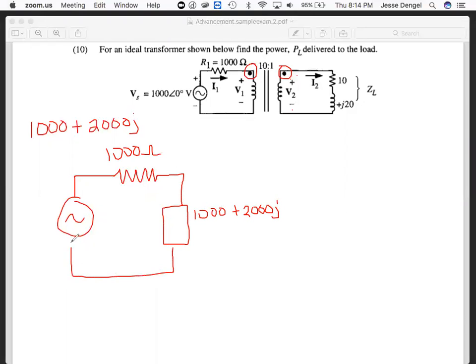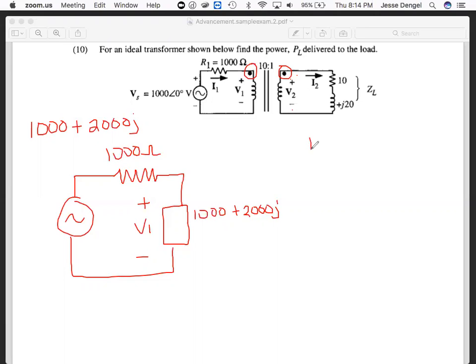So what we want to do is find V1. And you can do this a number of ways. I chose to take the current, which is I1.